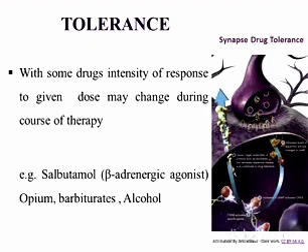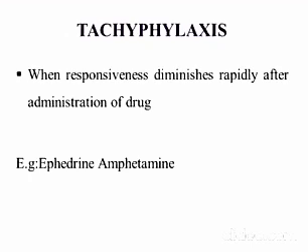For example, drugs like salbutamol, opium, opioid analogs, barbiturates and alcohol all show tolerance in the body. Another one is tachyphylaxis. Tachyphylaxis means that when a drug is administered, the response shown by the drug is completely abolished.